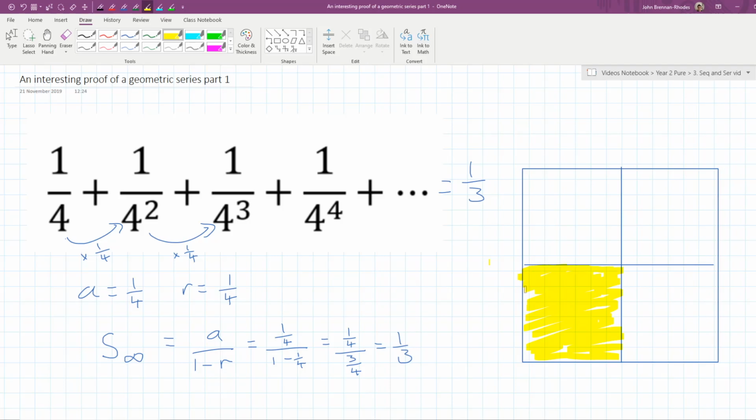I now want to add onto it 1 over 16, because that's the second term of this sequence. But another way of looking at 1 over 16 is a quarter of a quarter. That's 1 over 4 squared. So I want to take a quarter and divide that bit into 4, and take a quarter of a quarter.